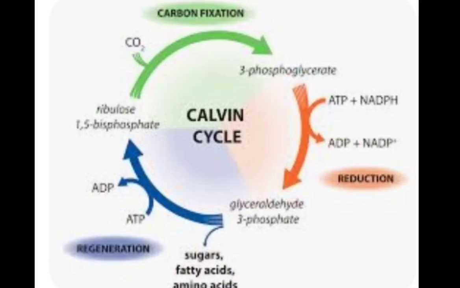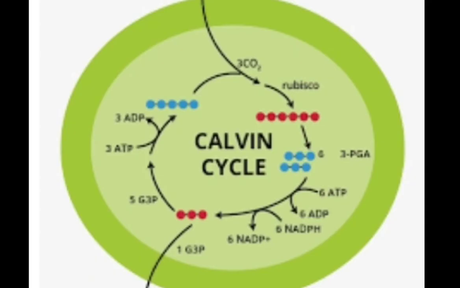Now, electrons are added from NADPH through a series of reactions. The 3-PGA, or the 3-phosphoglyceric acid, is reduced to form a carbohydrate called G3P. The adenosine diphosphate or the ADP and the NADP plus return to the thylakoid to be converted back to ATP and NADPH via the light reaction.